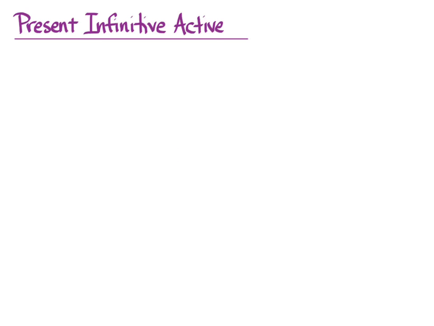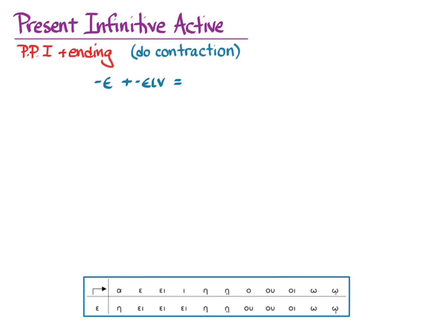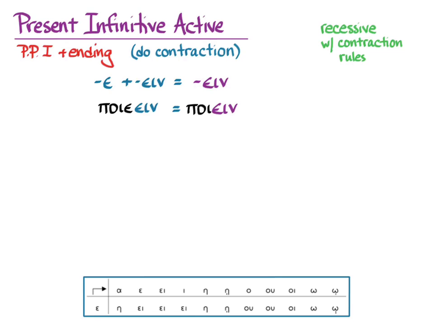Time to move on to present infinitive active, which will be the first principle part, plus the ending that you know. So there's the epsilon and the -ein that you know, and we'll do the contraction, and it will be -ein again. So if we do that with poieo, the verb that we know now, poiein is our uncontracted form. Contracted, it's going to look like that, and when we put the accent on it, there it is on the uncontracted form, and as you can see, that means it's going to end up on the ending of the present infinitive active, and we'll have poiein.